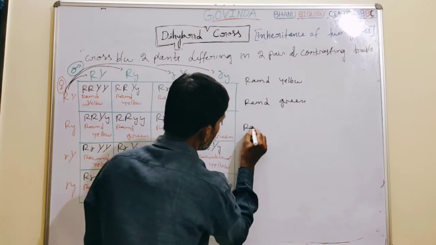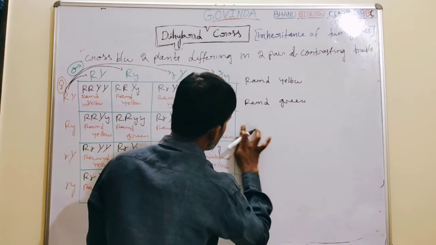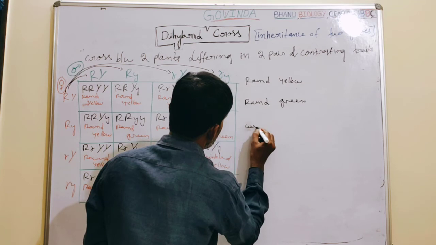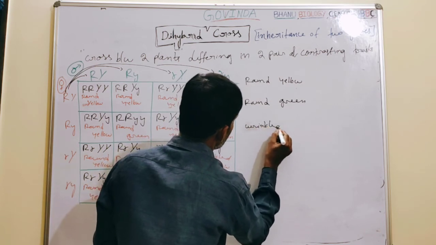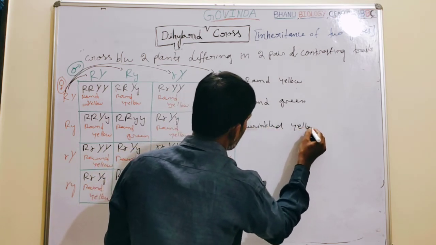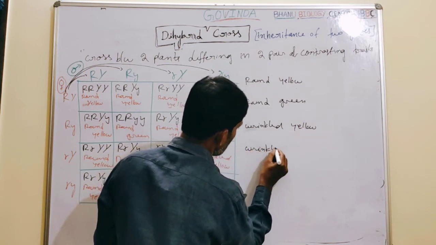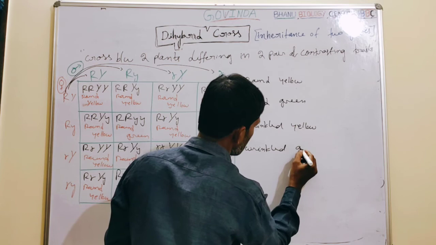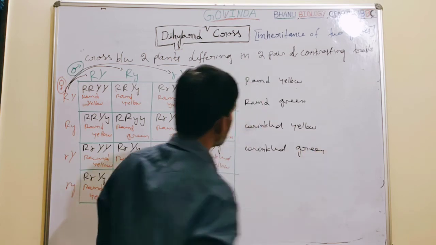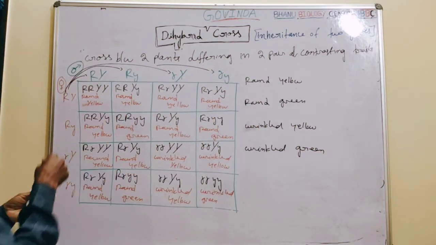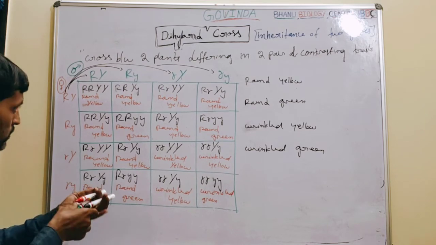The third combination, wrinkled yellow. The fourth combination, wrinkled green. How many round yellow plants are produced here?